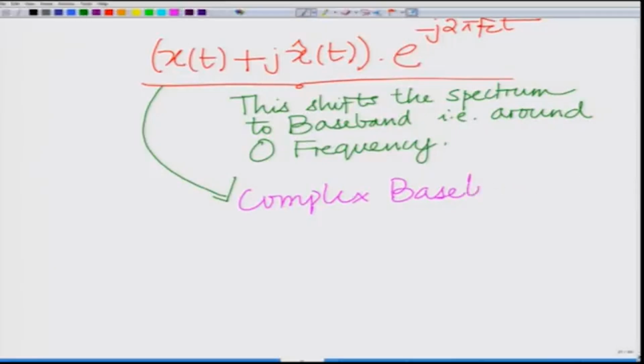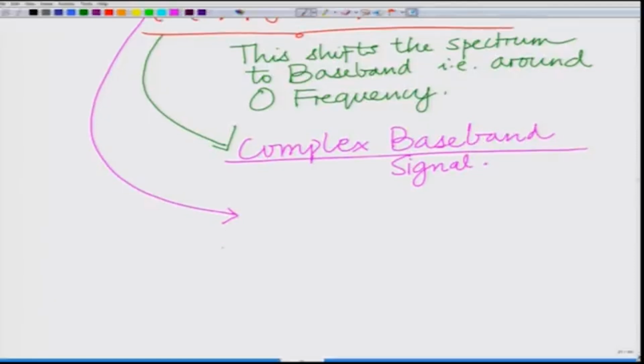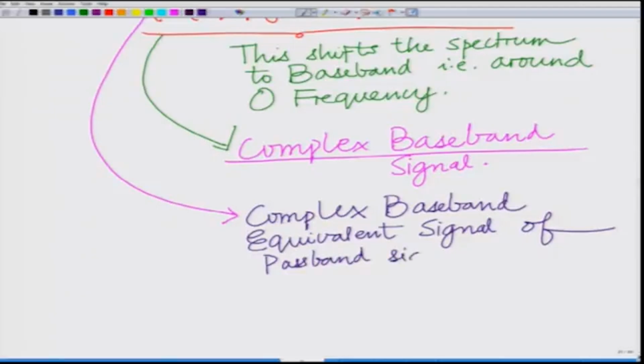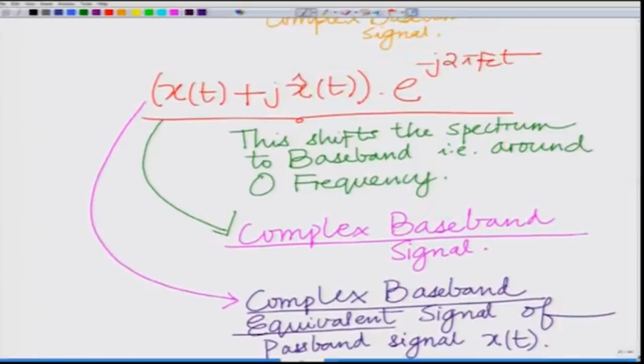So, this is a complex baseband signal, this is termed as the complex baseband equivalent signal of the passband signal x t, and this is denoted by x tilde t.